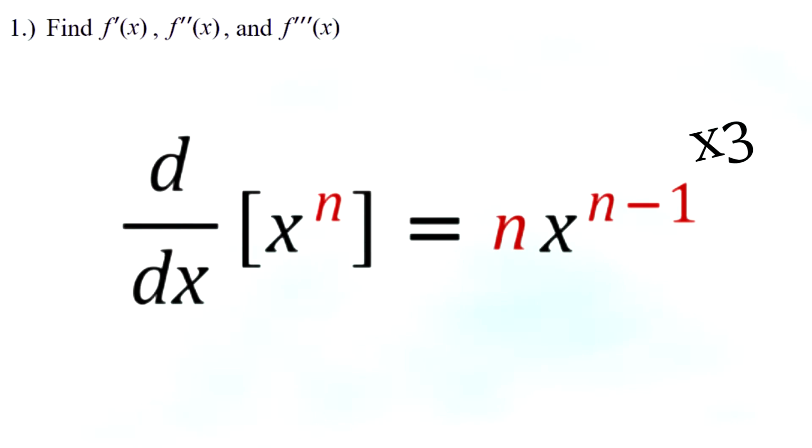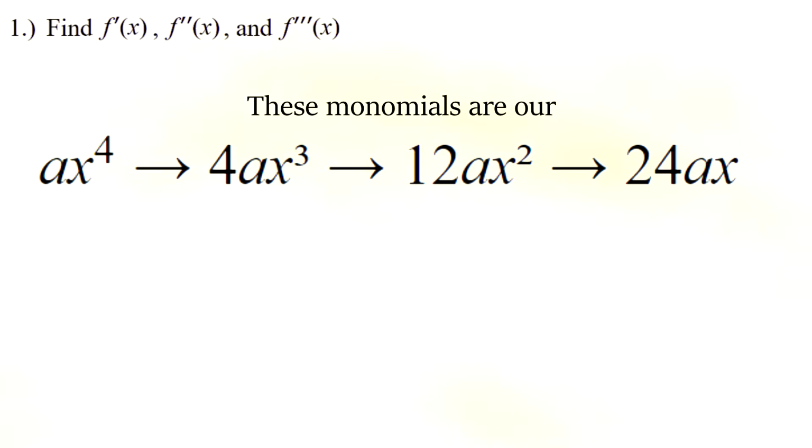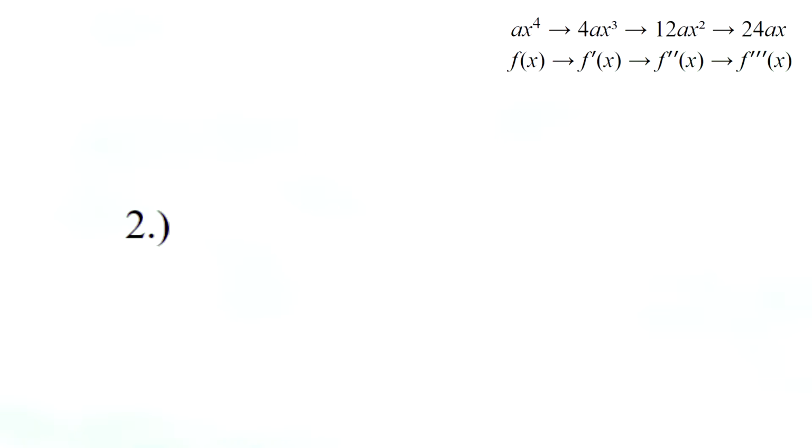Like last time, we use the power rule thrice to acquire our 3 derivatives, where we have ax to the fourth, which becomes 4ax cubed, which becomes 12ax squared, and then 24ax. These monomials are our original function and derivatives. Next, we move on to step 2.